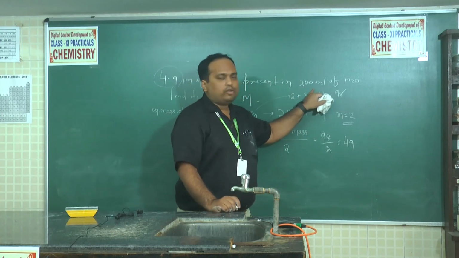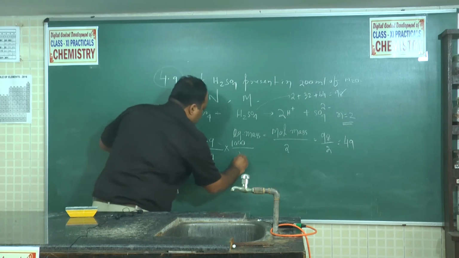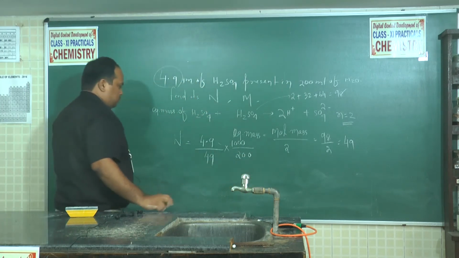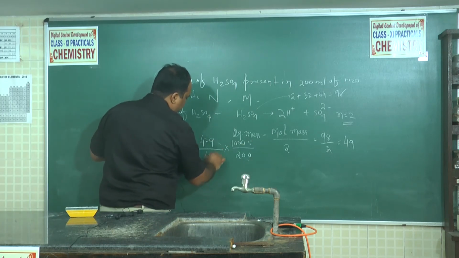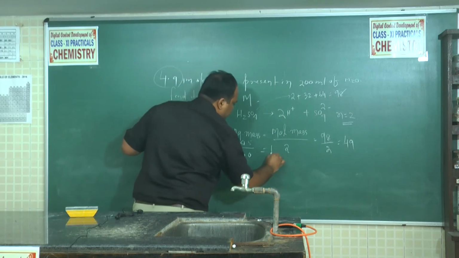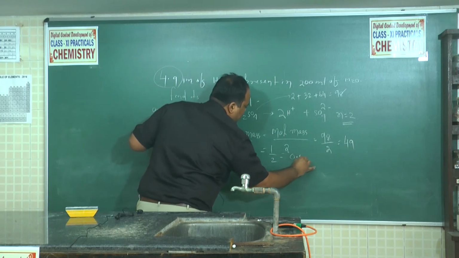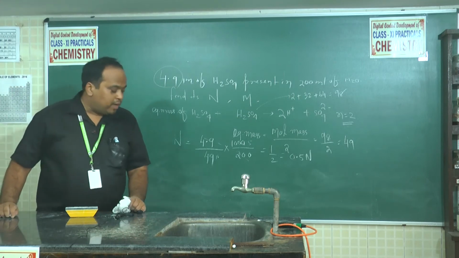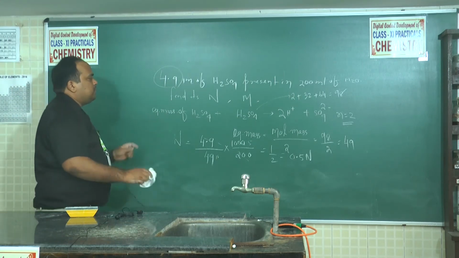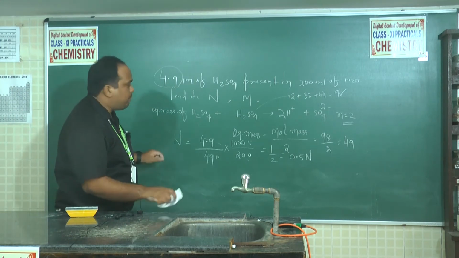The volume of the solution is 200 ml. If you calculate this, it is 1 by 2, that means 0.5 N. So we have calculated normality, a 0.5 normal solution.